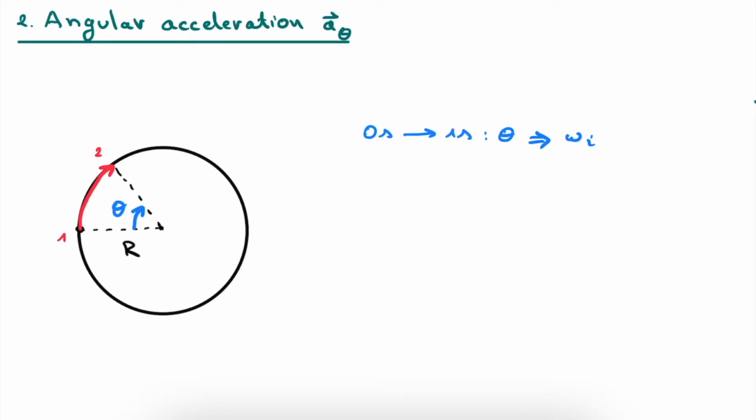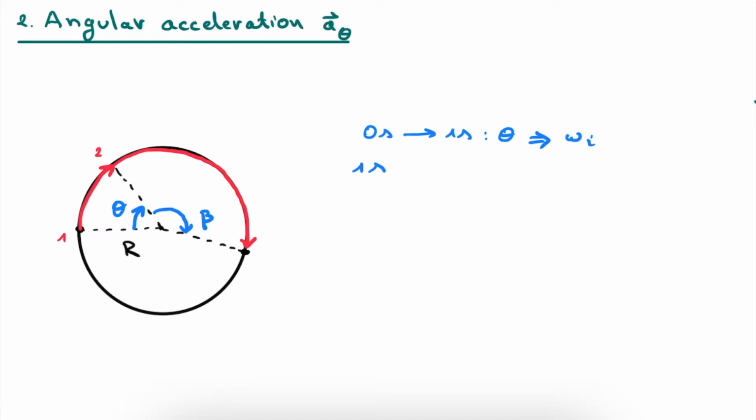Let's now say that in the subsequent second, we are traveling a much further distance. So the angle that we traversed in the subsequent second is an angle beta. And this angle evidently is larger than the angle that we traversed in the first second. This means that in this second period, we traversed a much further way along our circular trajectory.